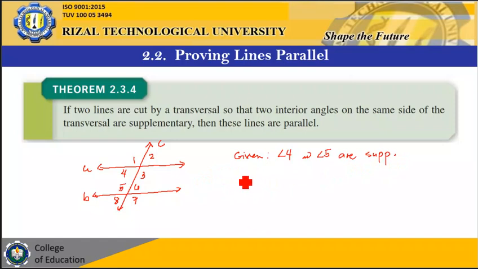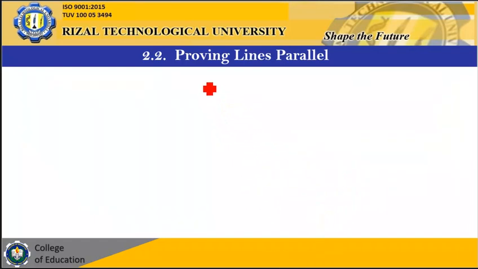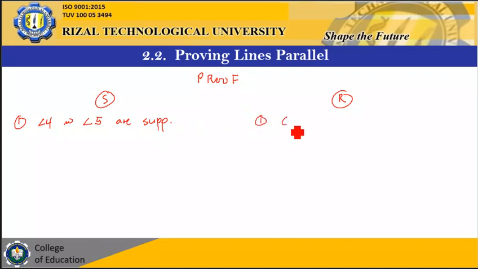So if they are supplementary, let's show that line A is parallel to line B. So let's have our proof, our statements, and our reasons. For number 1, we have angle 4 and angle 5 are supplementary. Okay? And we know that this one is given.